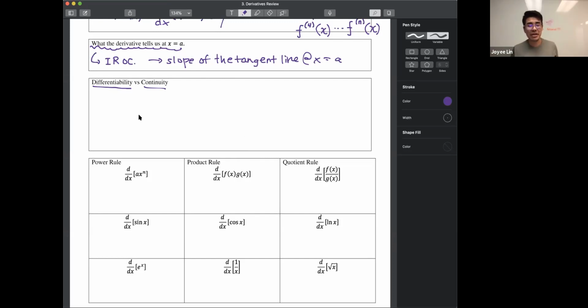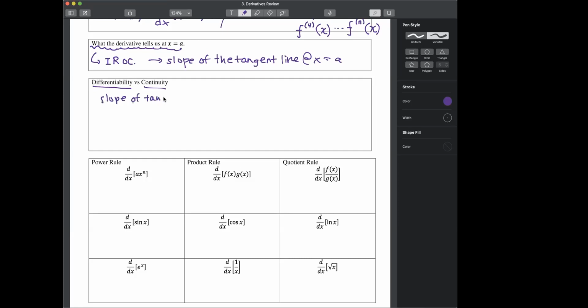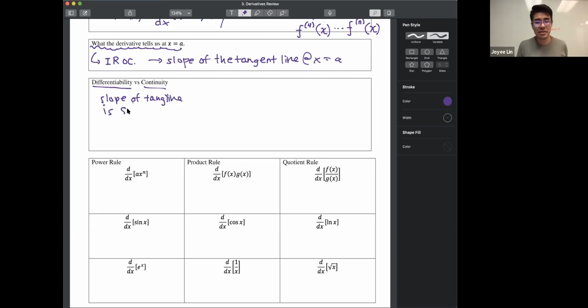Yeah, perfect. The limit of the two derivatives is equal from left and right. Slope of tangent line is the same from both directions. Good. Or another way we can say differentiable is you can take the derivative.